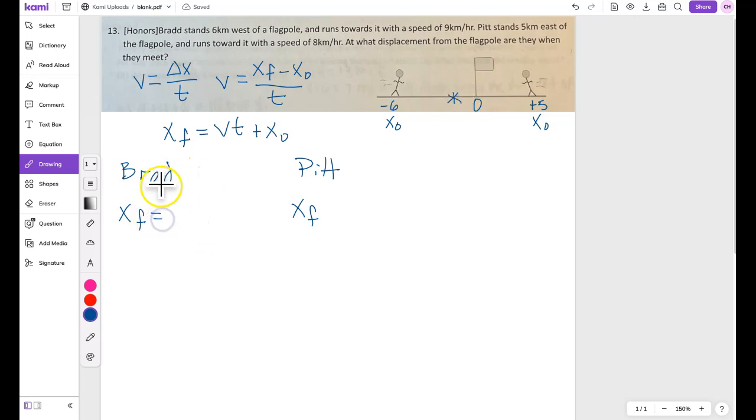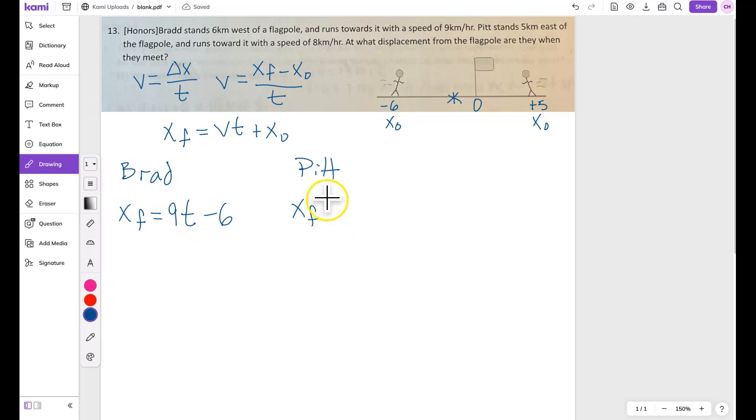Now we're going to put in Brad's speed, and we see that Brad has a speed of 9 kilometers per hour. We're going to multiply that times the time, and then add to that the original position. But notice Brad's original position is minus 6 meters.